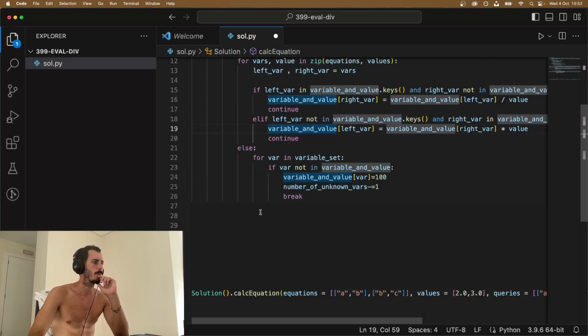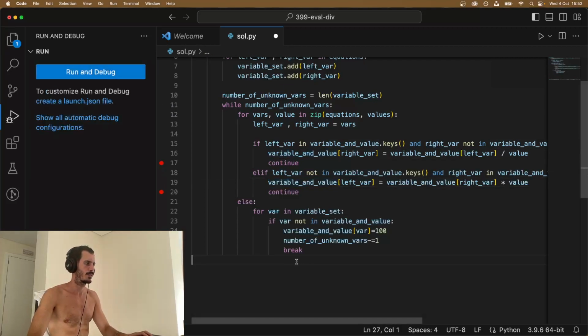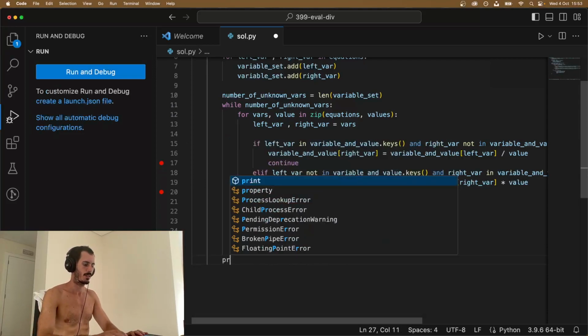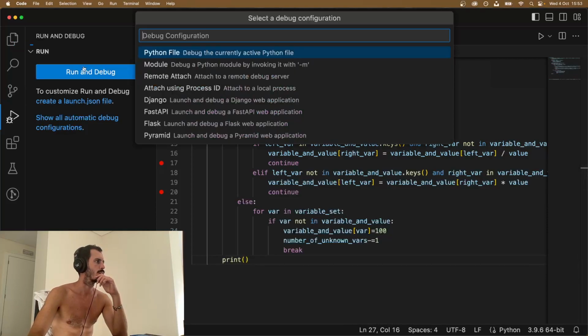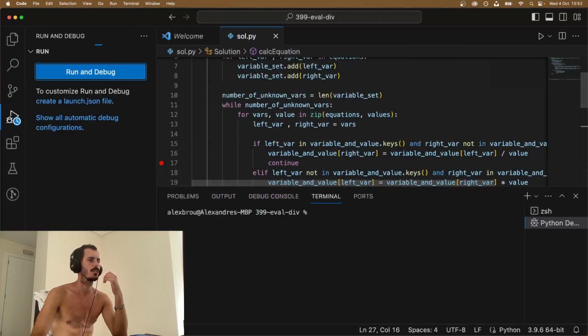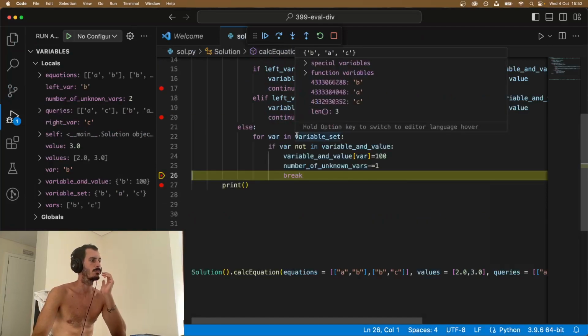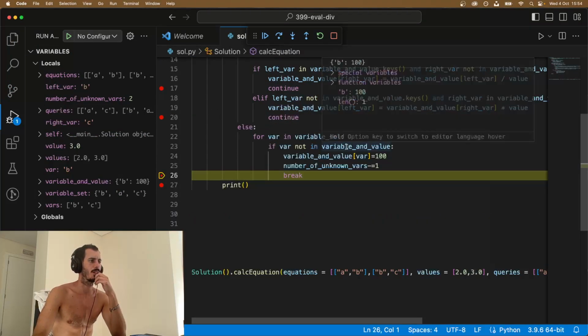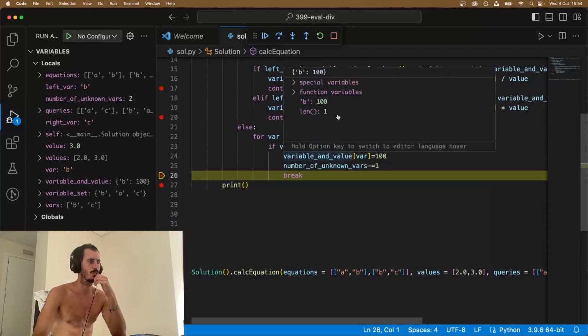Okay, so let's just run this. And now I'm going to print this here. So first of all, all the variables were nothing, and now for variable b, I added 100.